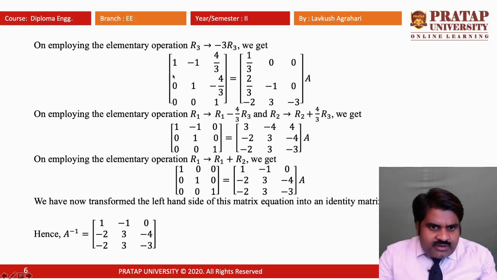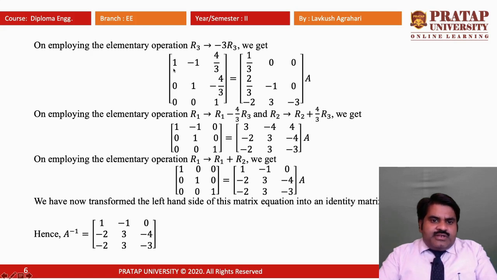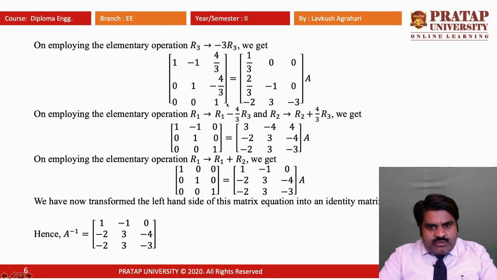Now we see that the elements lying on the principal diagonal become 1. The same process we implement to get the elements above the principal diagonal equal to 0. For this, first we have to make the element A23 equal to 0, then the element A13 equal to 0, and finally the element A12 equal to 0.